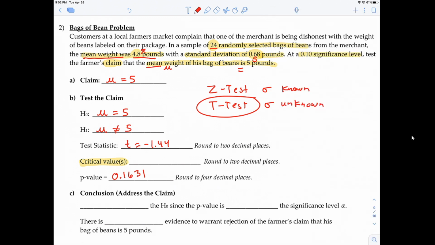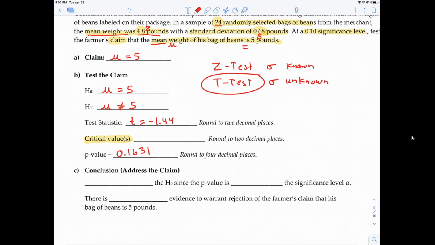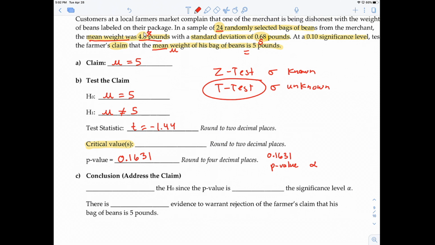All right, so using the p-value method, we're going to compare the p-value to alpha. So the p-value is 0.1631. That's the probability of getting this result, right? The sample result of the mean of 4.8, assuming that the null is true.